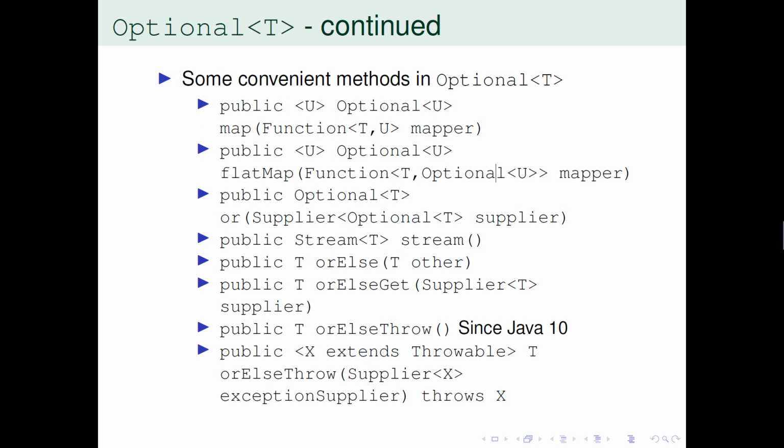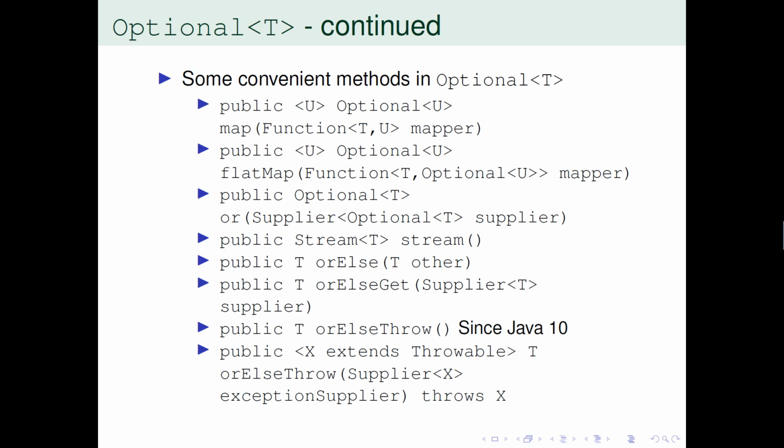Here are some more methods for optional. This one, map, does something similar: from an optional of one type, it becomes an optional of another type.